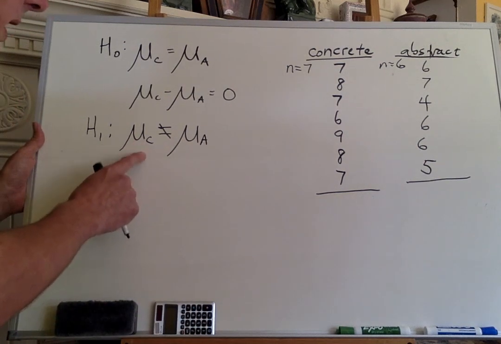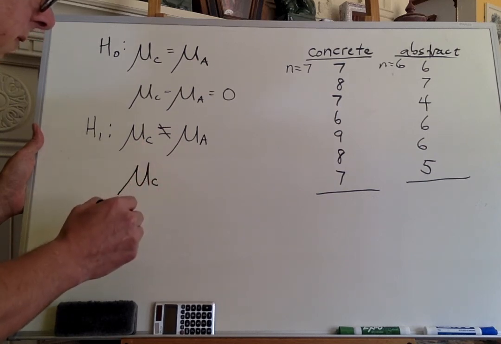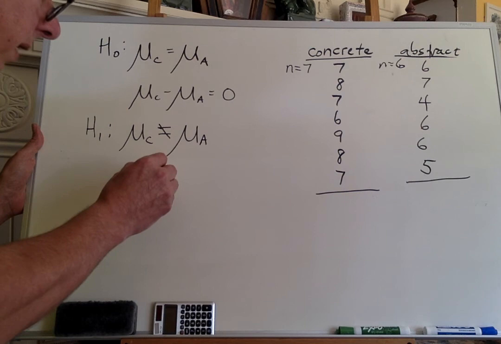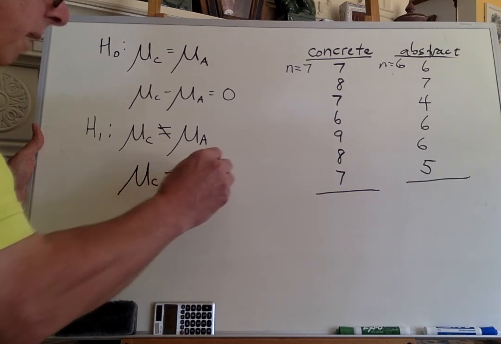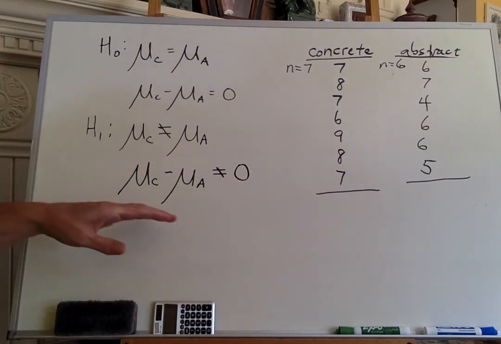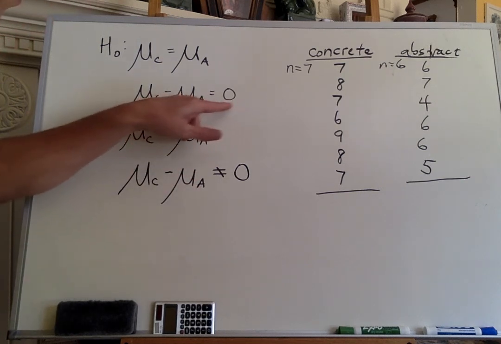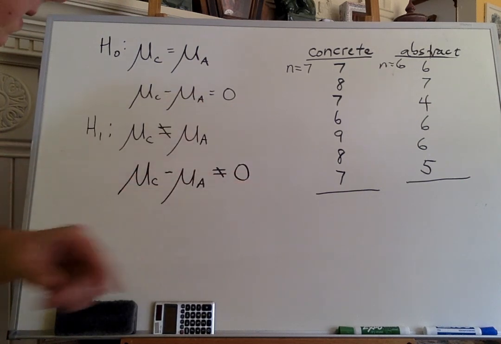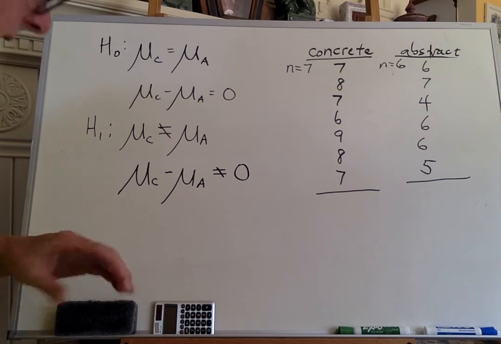Another way that I can write this is to say that if I compare the concrete population mean to the abstract population mean, I'm going to get something other than 0. That is, I'm going to find some difference, right? Instead of no difference, I'm going to find some non-zero difference there. Okay? So those are the two hypotheses.